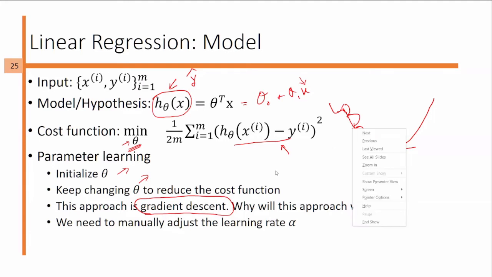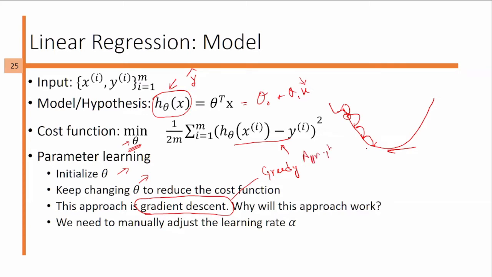So gradient descent looks like a greedy approach. If I'm standing out here, then I'll choose the value which minimizes the cost function, and I'll take the step there. Then again I'll take the next step and so on. It's like a greedy approach, but why does it work here? Because our cost function is a convex cost function. So it has only one global minima, and it will always converge here.